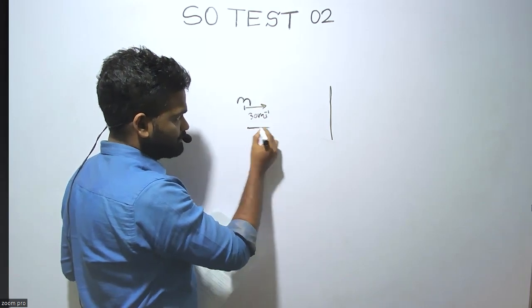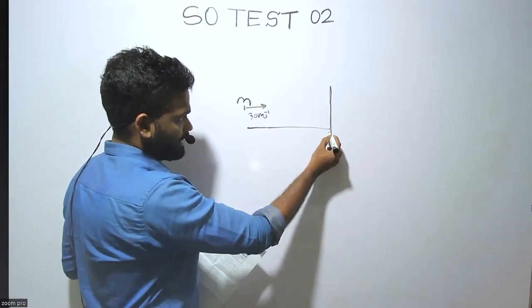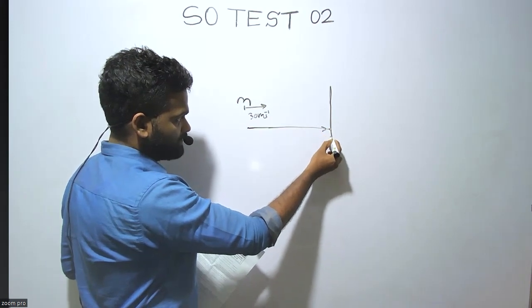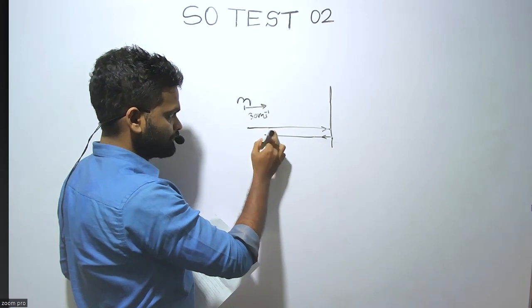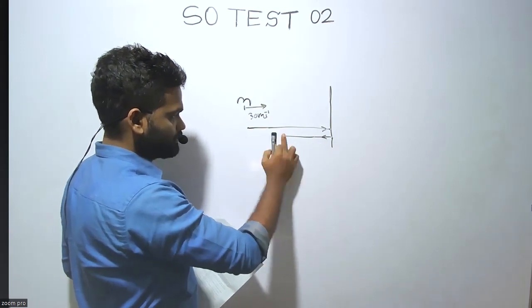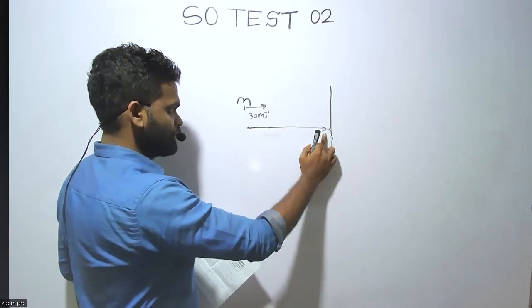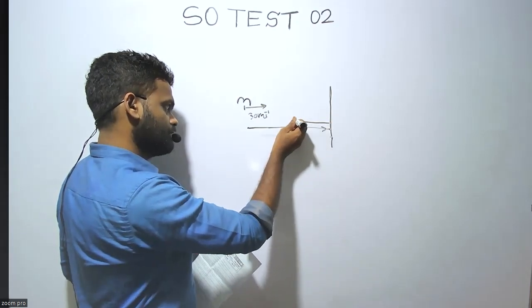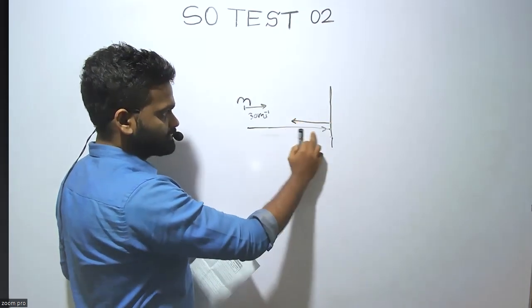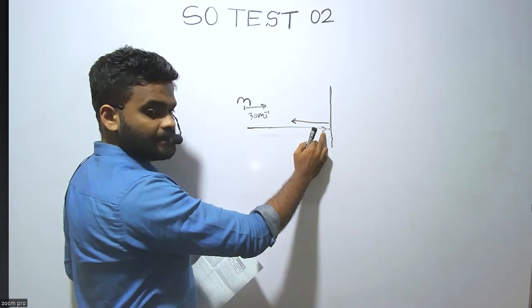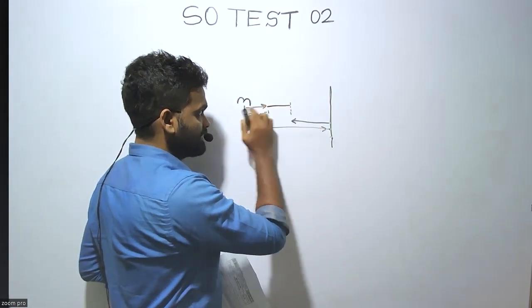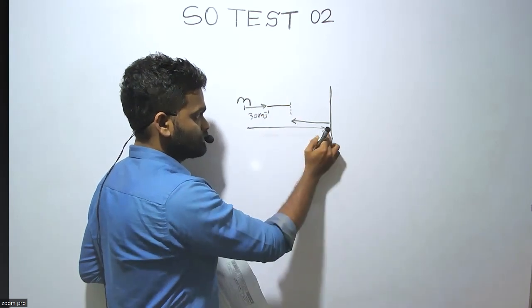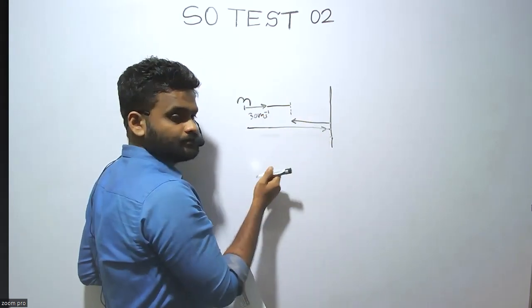right? So this is for the sound, and that sound is a wave. It reflects off the wall and comes back. While this sound is moving, the bat also is moving towards the wall, right? The bat is moving towards the wall, the sound goes and reflects off the wall.